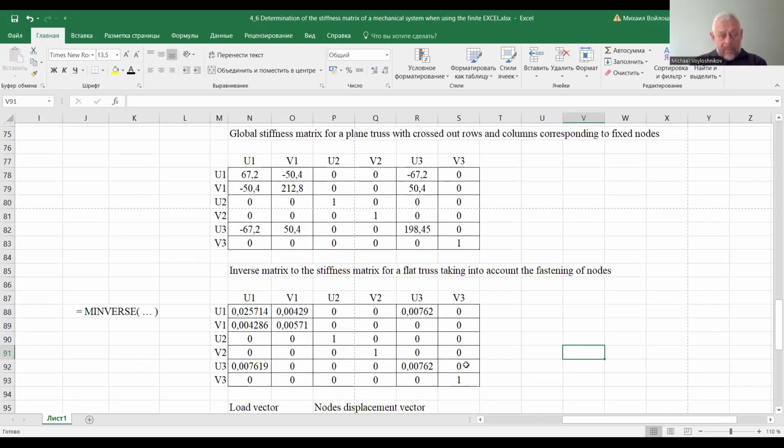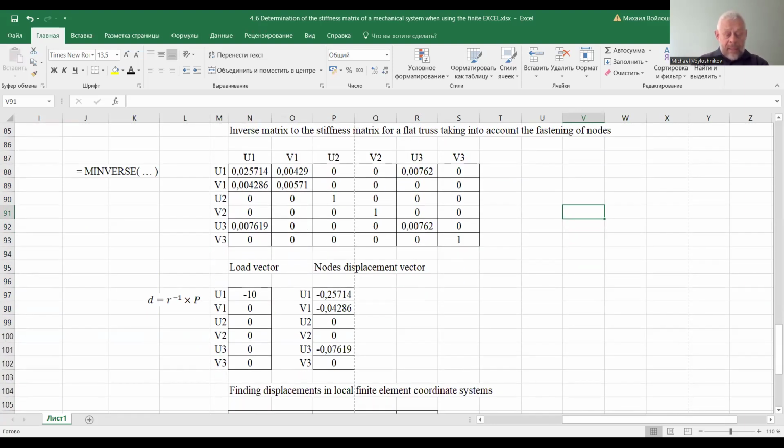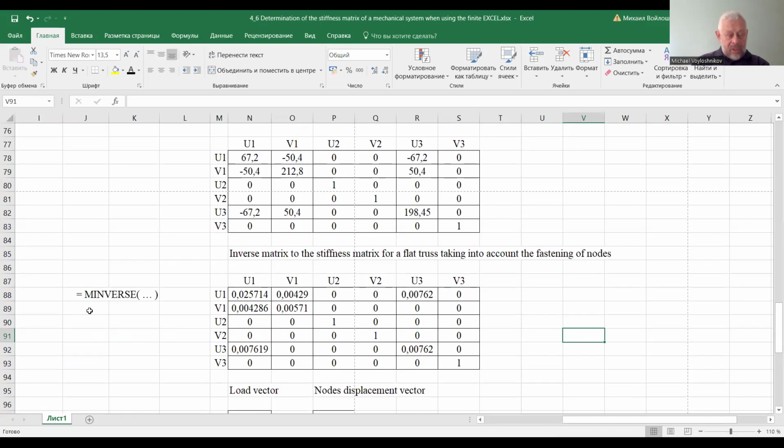After that, to determine the displacements of nodes in the global coordinate system, we have to find the inverse matrix. In Excel, we have the command. First, we have to select this matrix.